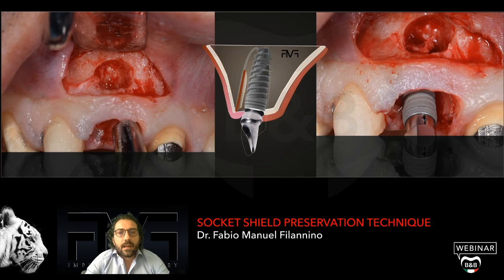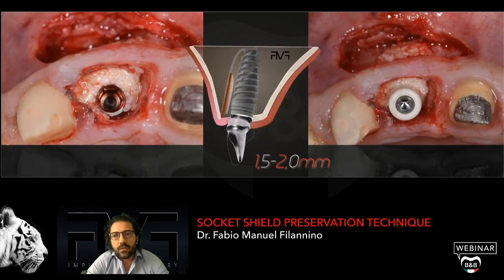Another aspect that we can also afford is to do the socket shield even when we have a small periapical lesion, like in this case. The important thing is that we have apical bone to achieve primary stability for our implant.